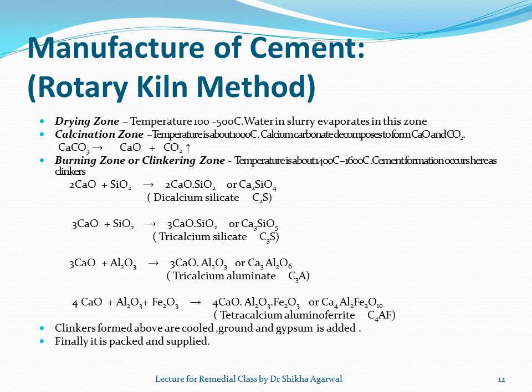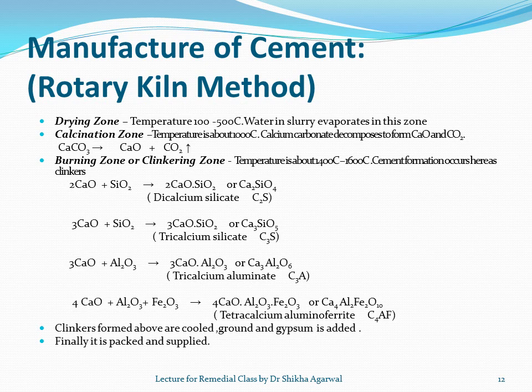First, 2CaO combines with SiO2 to give you 2CaO·SiO2, or Ca2SiO4, which is dicalcium silicate. In case of cement, CaO is represented by C, SiO2 by S, Al2O3 by A, and Fe2O3 by F. So we can also write it as C2S.